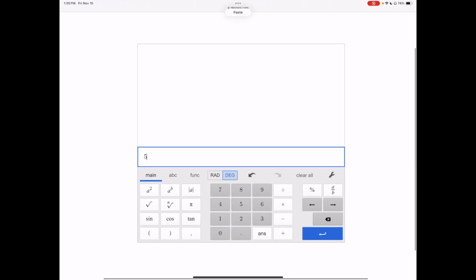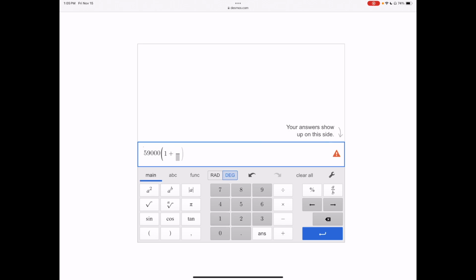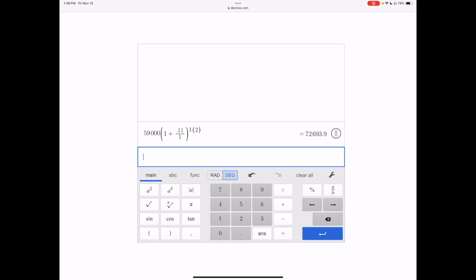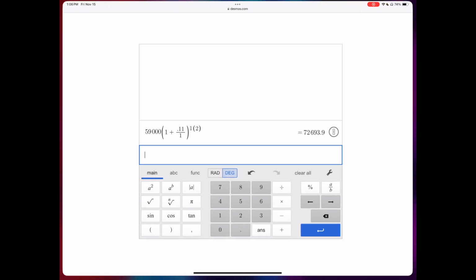So we're going to say 59,000 times 1 plus 0.11 over 1, and we raise it to the 1 times 2. So our answer is 72,693.9.